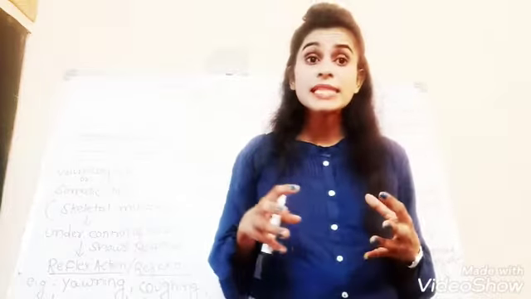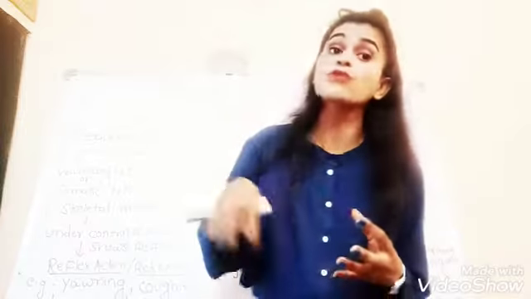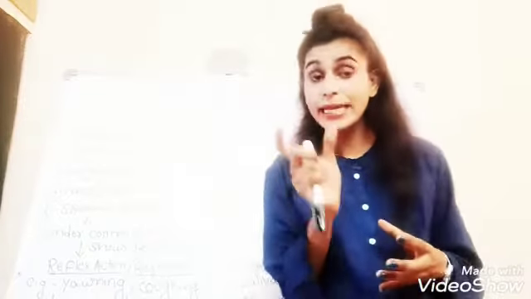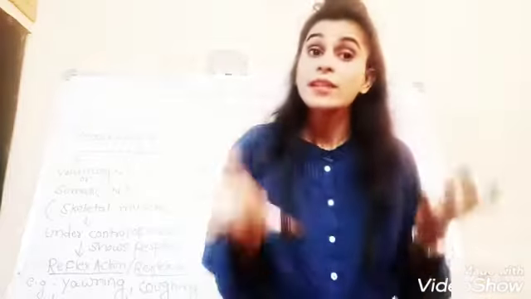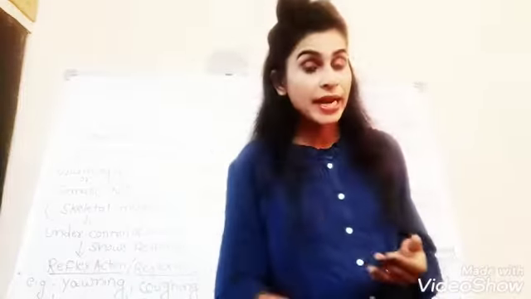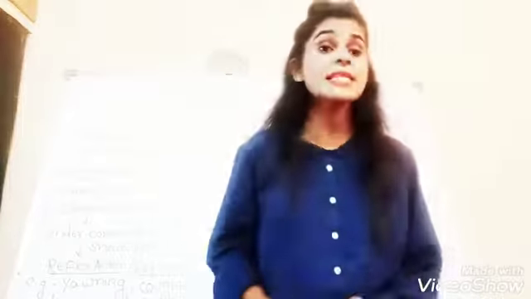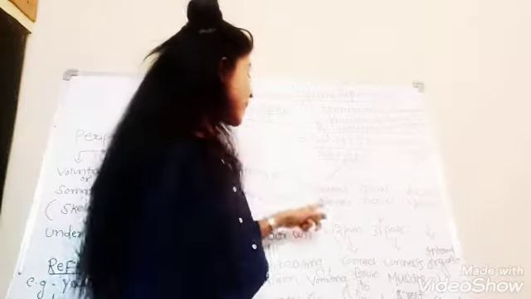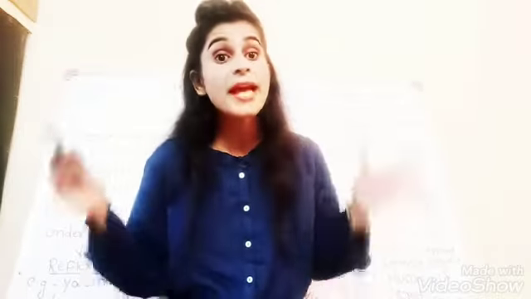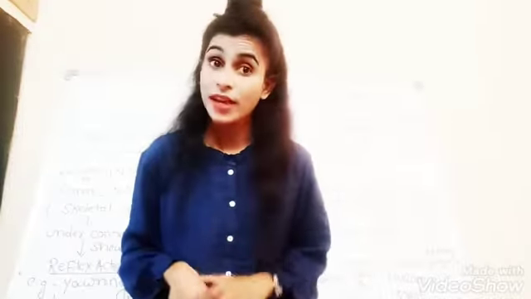Cranium is actually the outer covering of the brain, and the nerves which arise from the brain are called your cranial nerves. And there are 12 pairs of cranial nerves. How many pairs of cranial nerves are there, guys? Yes, 12 pairs of cranial nerves are there.